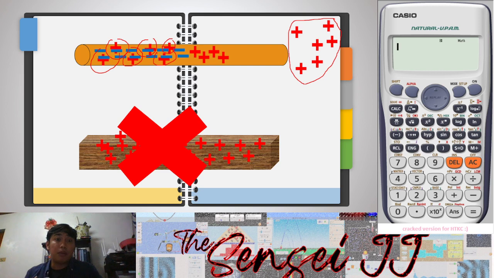For example, a sweater and a balloon. Try to rub the balloon on our sweater, and you will see that the electrons on the balloon will be attracted to our sweater. In this case, the positive charge will not be attracted to our insulator because the insulator doesn't have any positive and negative charges.